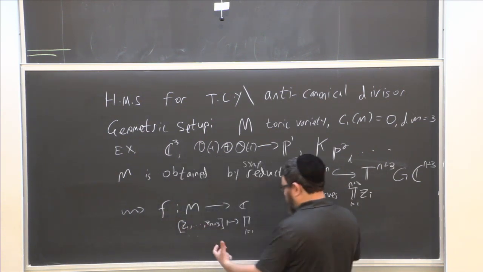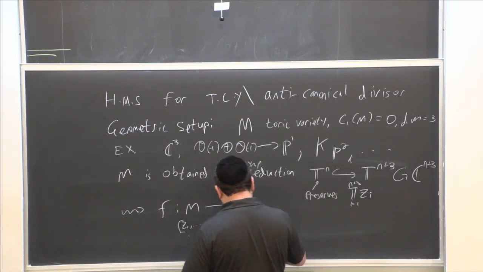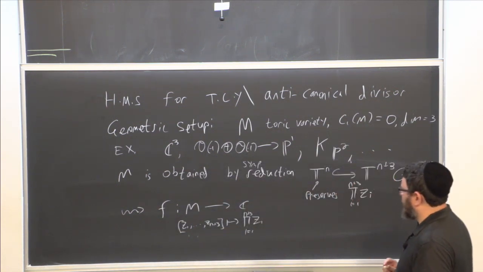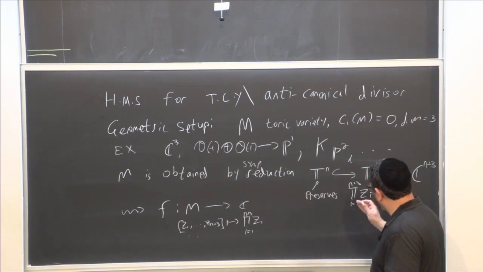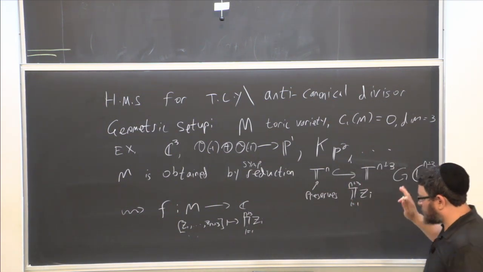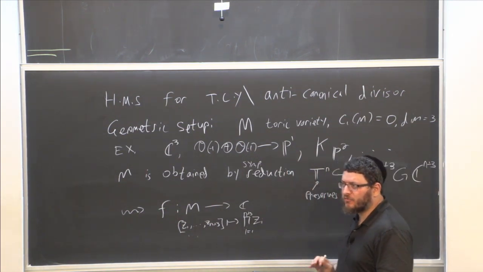We did some kind of quotient, but still we can take the product. And by the way, because of this assumption, one can show that these manifolds are not compact.